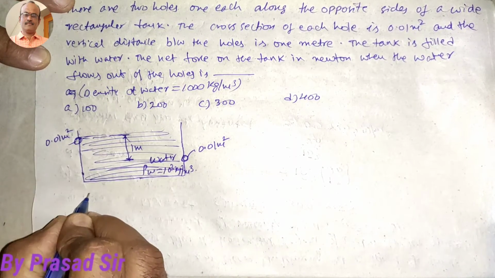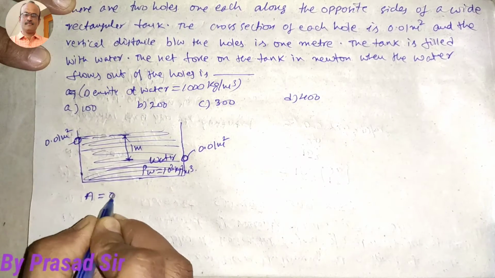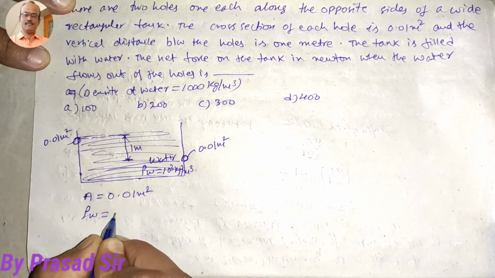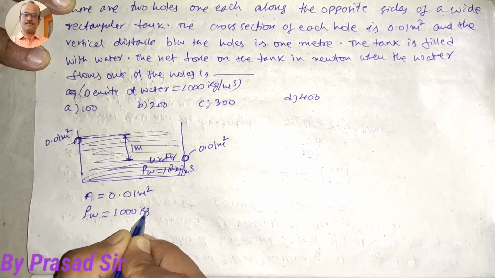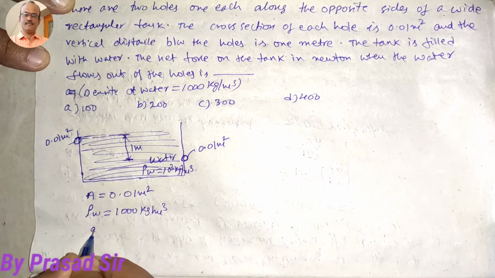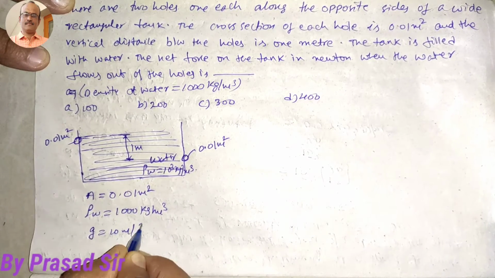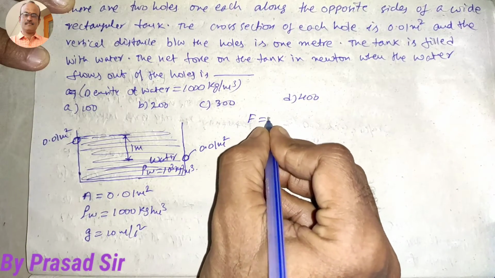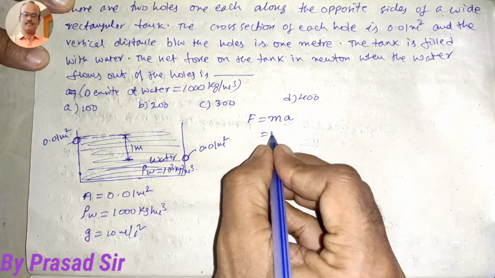So first of all, given area is 0.01 meter square, density of water is 1000 kilogram per meter cube, and acceleration due to gravity is 10 meters per second square. Force is equal to mass into acceleration.